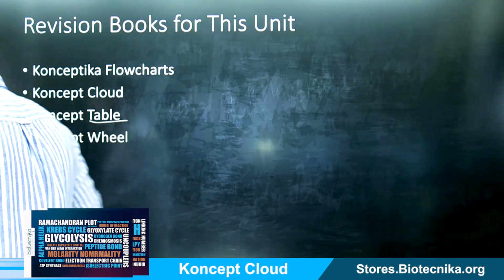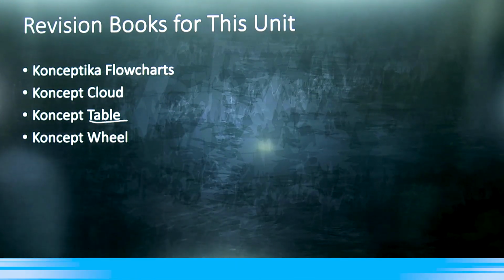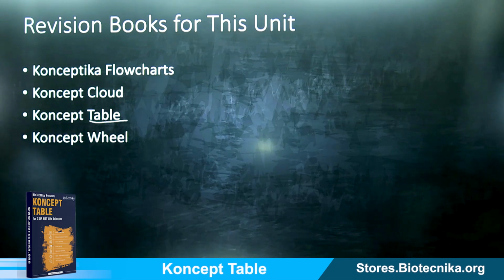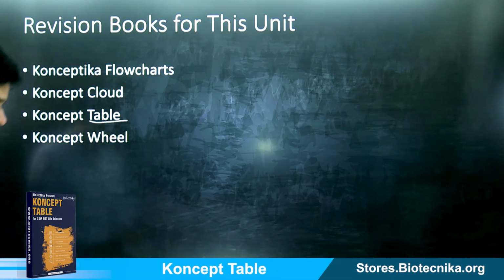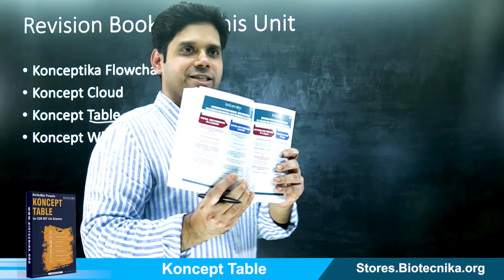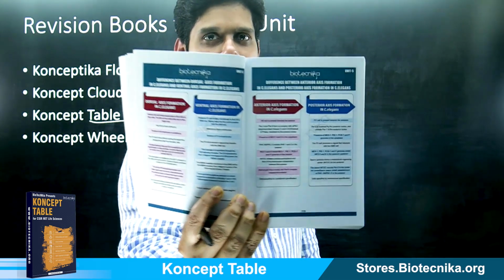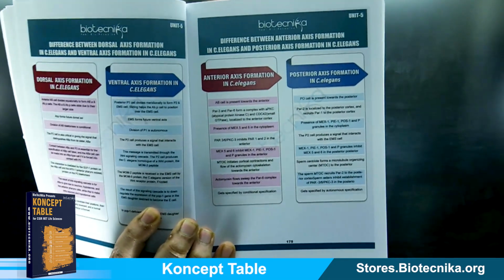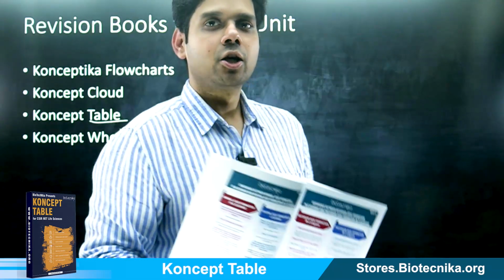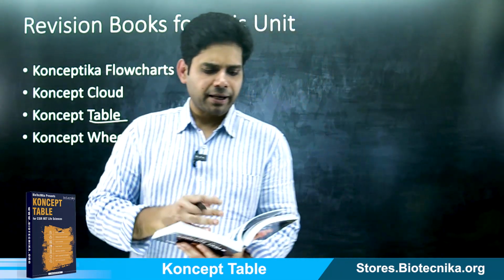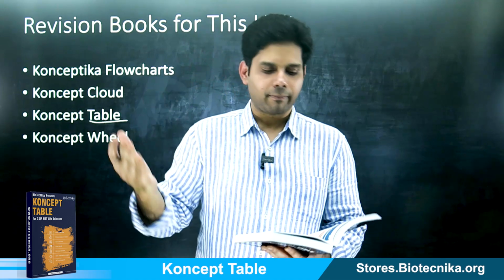Next, we have the concept table. Again, I have shown you that as an example during the tips and tricks. This is also a very good way to prepare, which is just by comparison. You just pick out any concept you can compare.